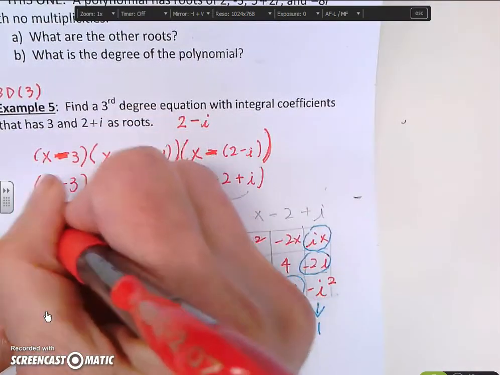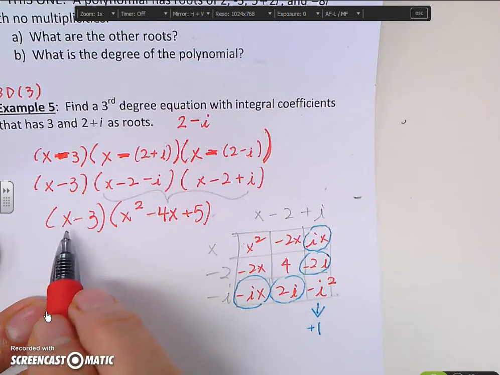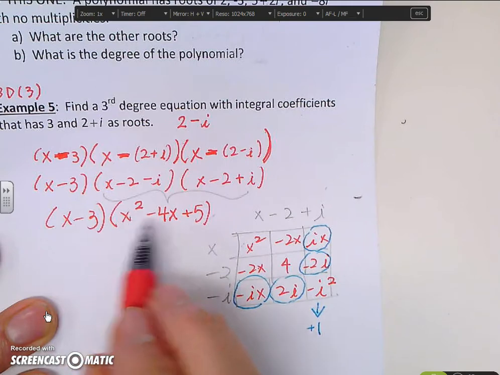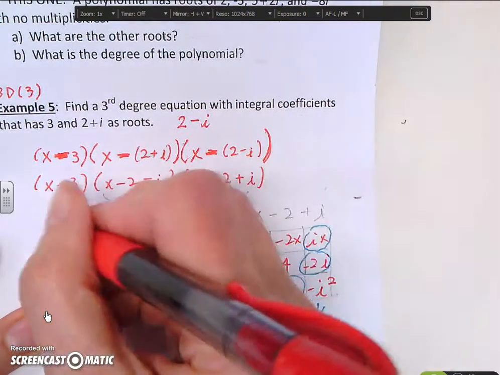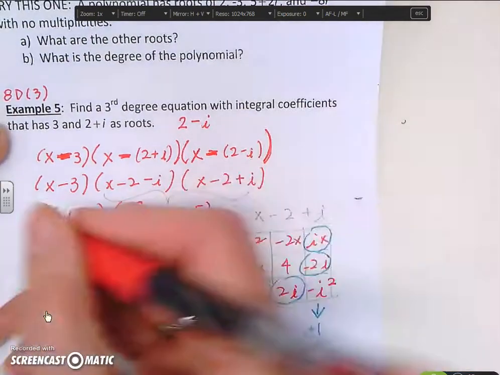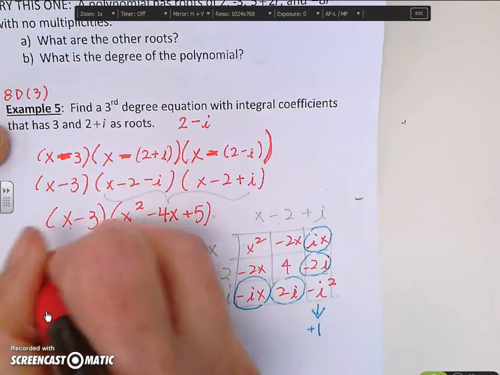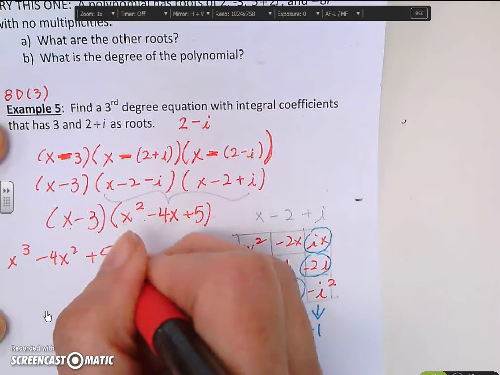So now I have x minus 3 times this. And again, I'm going to double distribute. So x times each one of these and negative 3 times each one of these. So again, you could use a box if you want to. I can probably do this one a little easier in my head. So I'm going to do x to the third minus 4x squared, and then plus 5x.